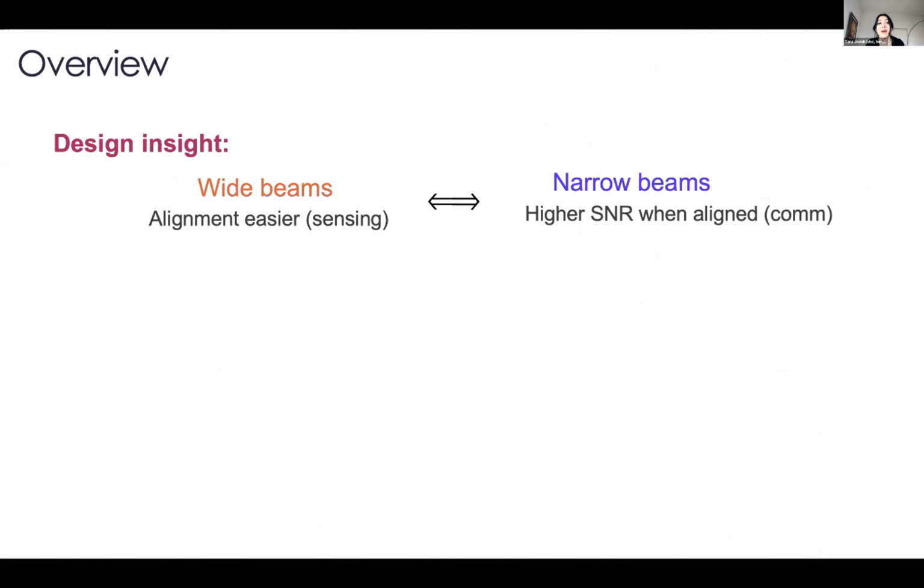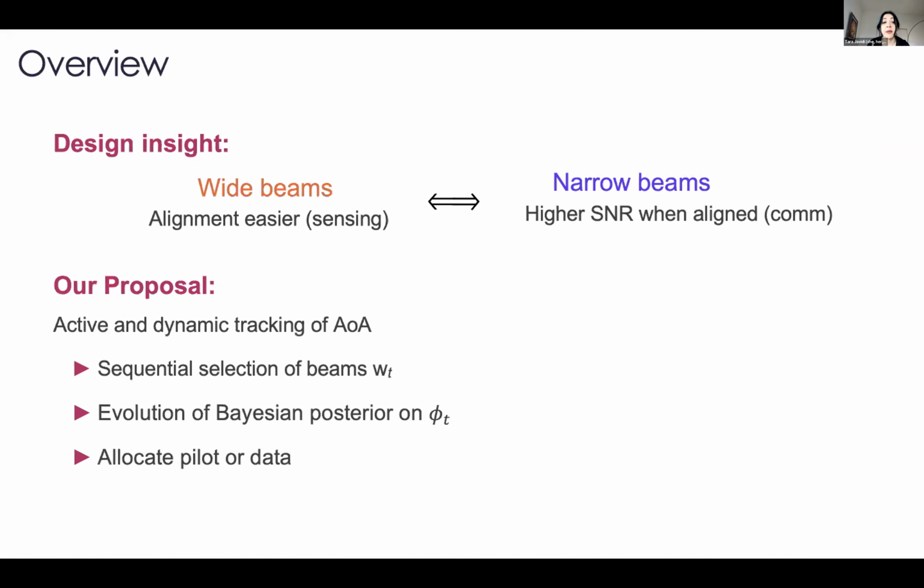So the main insight from this prior work is that a wider beam allows you to do better in terms of alignment or sensing. Because you cover the transmitter, you know more about where it is. Versus communication, where a narrower beam gives you better beamforming gain.